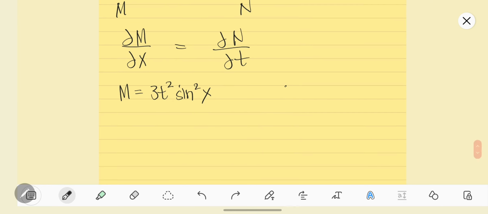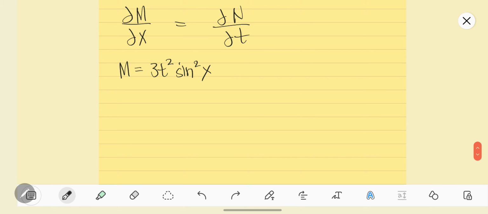So let's try to derive this. So dm over, with respect to x, is equal to the derivative of that.